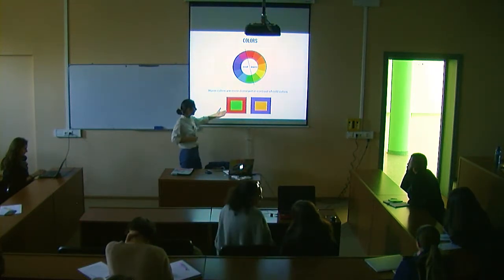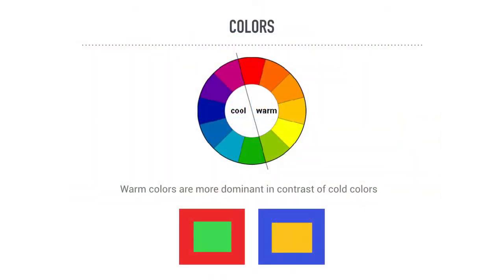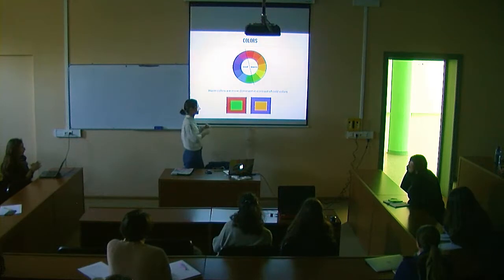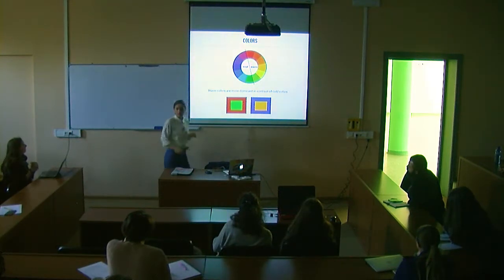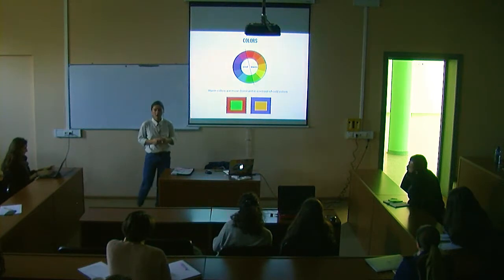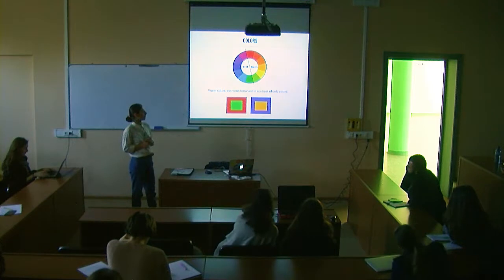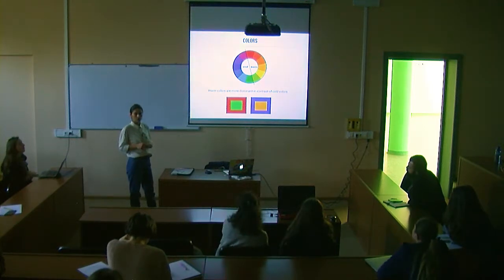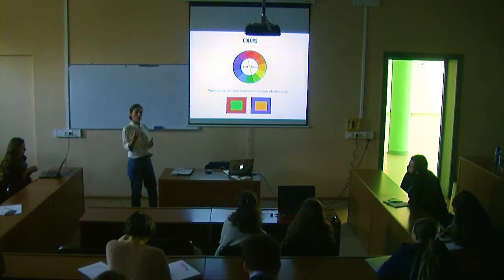You kind of have the feeling that this red is on top and this green is deeper. Do you have this feeling? And you have the same feeling here that it's background and it's foreground, because bright colors are more dominant. That's why warm colors are more dominant, and that's why when we want to create focal points, we use more warm colors.